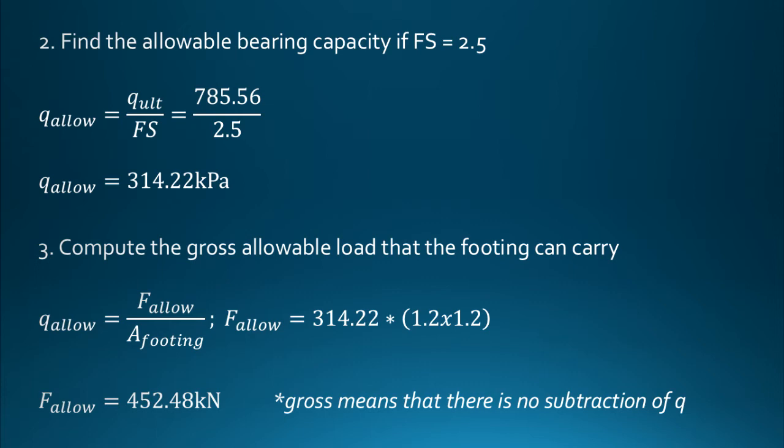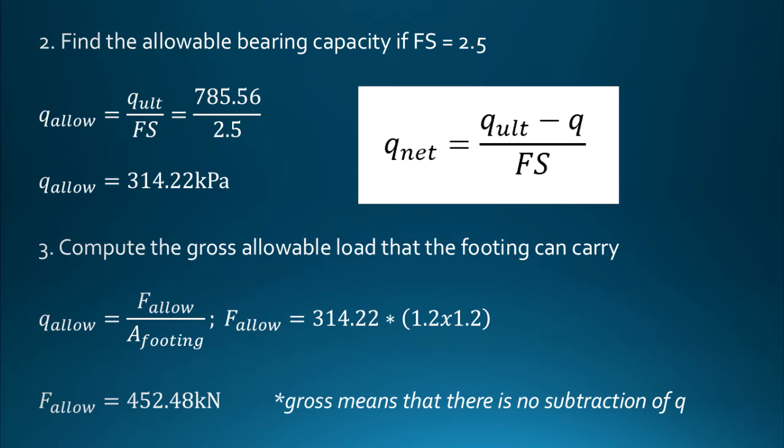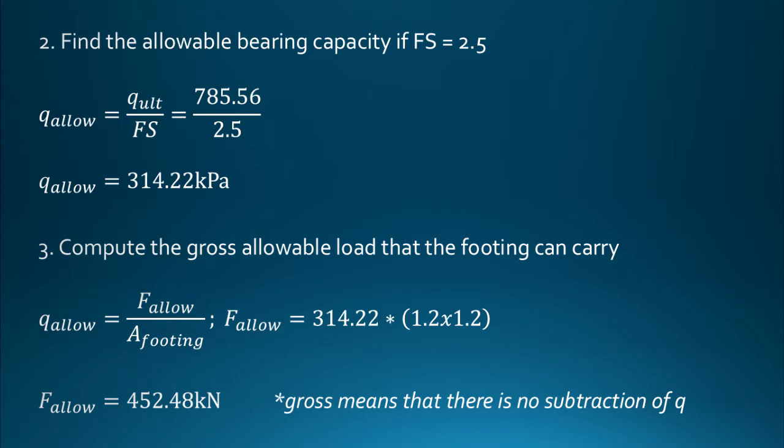So, paano magiging net allowable bearing capacity yan? Yung q ultimate, babawasan mo lang ngayon ng surcharge q bago mo siya i-divide ng factor of safety. Makukuha mo na ngayon agad yung value. Ganun lang kasimple. Pero since hindi tayo nag-minus q doon sa taas, etong q allowable, multiply mo lang ng area ng footing, yun na yung force allowable or yung load or gross allowable load na kakayanin ng ating footing.